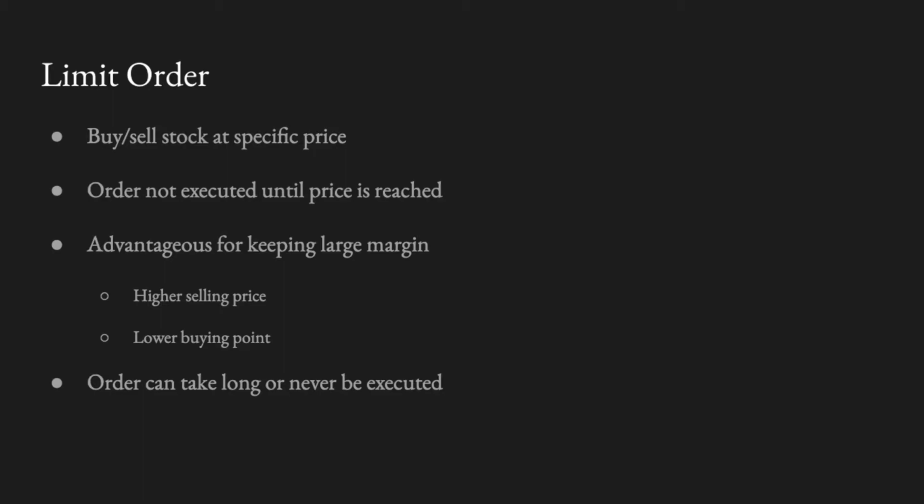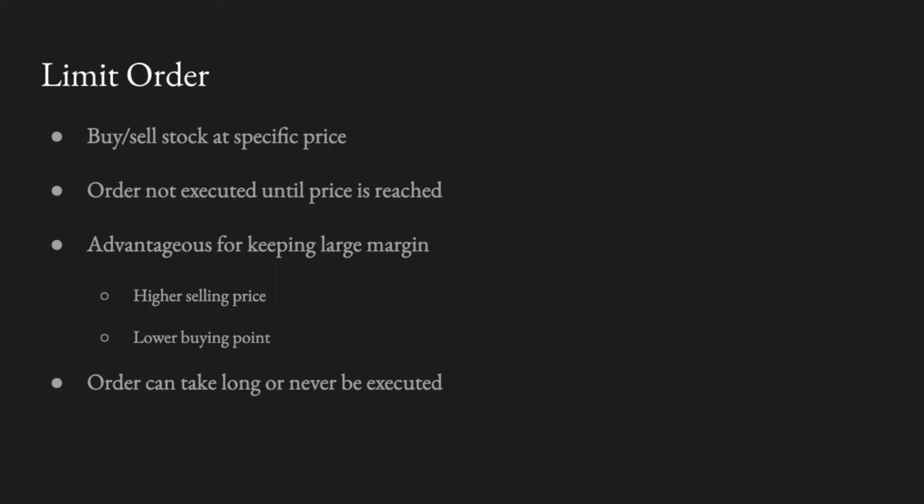And a limit order allows you to place an order, and whenever you place an order, you're required to set a limit. And limit orders work for both buying and selling. So for example, if I wanted to buy Apple stock, I wanted to buy it in that 276, 277 range. So what I could do is I could put in a buy order for Apple and then set my limit at 278.